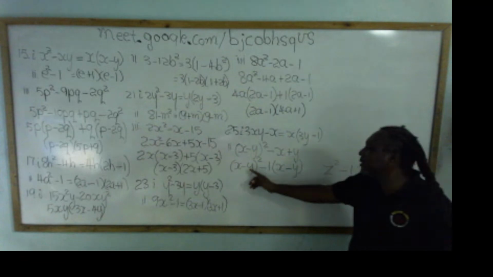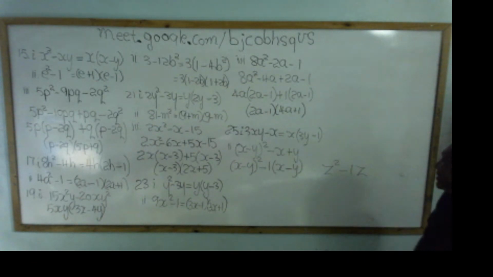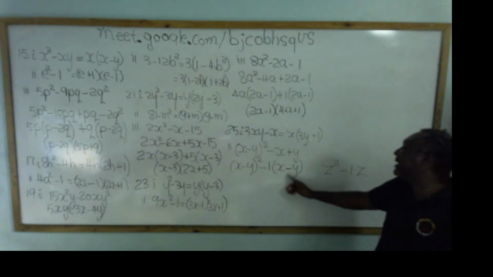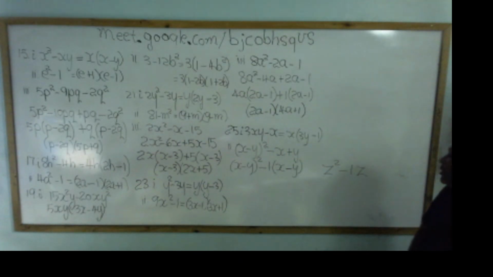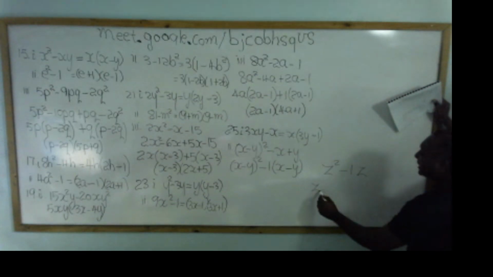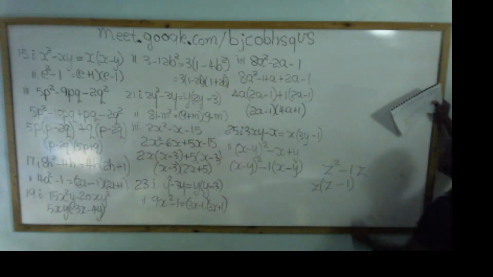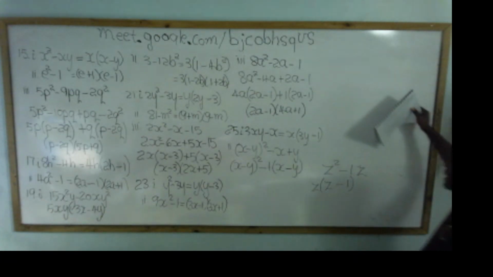Because (x minus y) all squared, let us call that z squared, and it's going to be negative 1 times z. So what do you do? You take out the common factor of z, and you'll have z into z squared is z. And then z will cancel with the z and leave a negative 1 there. So it will look like that.